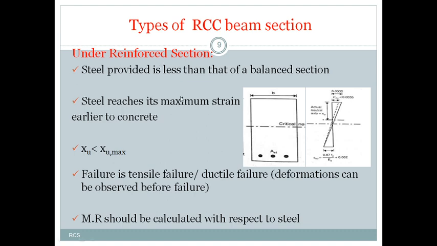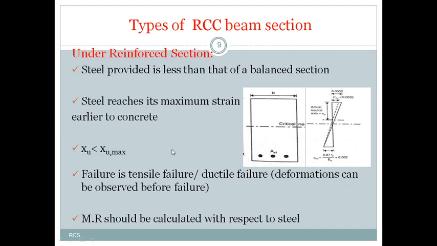In general, that's why for any RC construction we design only under reinforced sections. Why we design under reinforced sections: as we are providing less reinforcement compared to the balanced section, from that point of view it is economical.